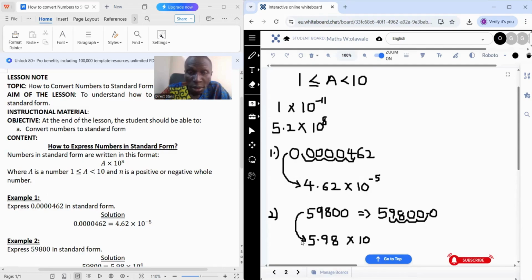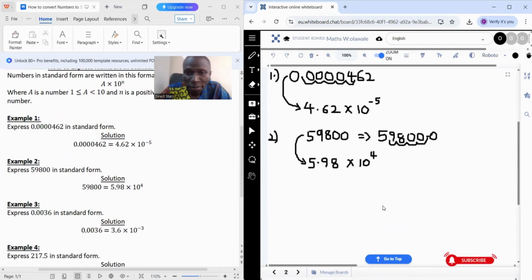The original number is bigger than the first number, so it's going to take a positive. So we're going to have 10 raised to the power of 4. Anytime the original number is bigger than the first number, it's going to take a positive power. So writing 59,800 in standard form, we're going to have 5.98 times 10 raised to the power of 4.